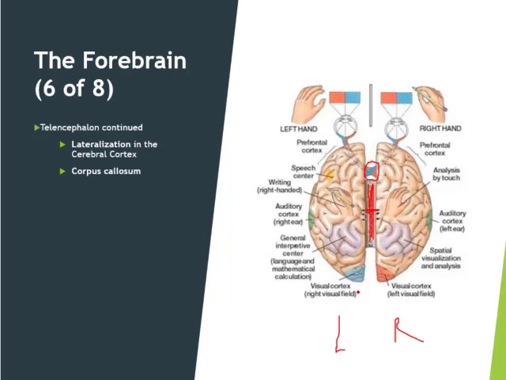So you see the visual cortex in the back of the brain. The left visual cortex processes information from the right visual field, and the right visual cortex processes information from the left visual field.